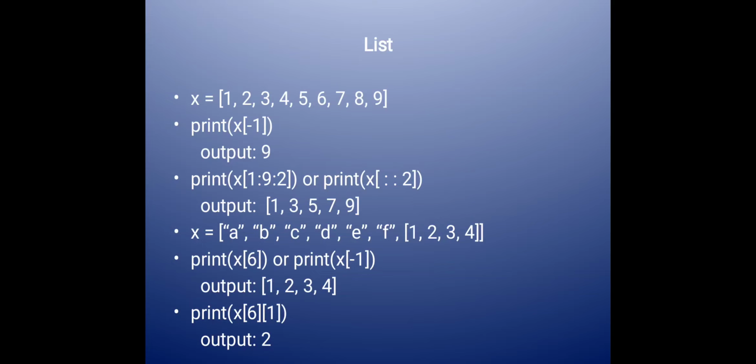Then only the output will look like this. That means it will consider from 1 to 9, that means the entire list. But here the step value is 2. So it will first print the 1, then comes 2. But since the step value is 2, it will avoid that 2 and take the next 3. Then it will avoid 4, then take 5. Then it will avoid 6 and take 7. Then it will avoid 8 and take 9.